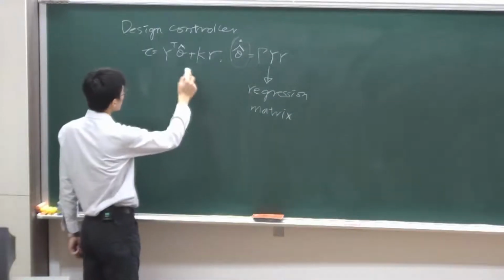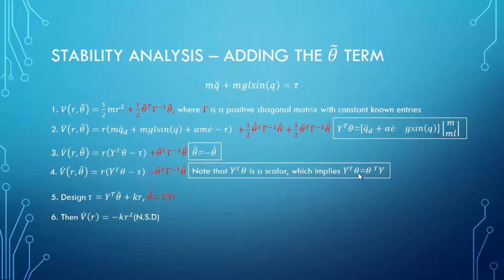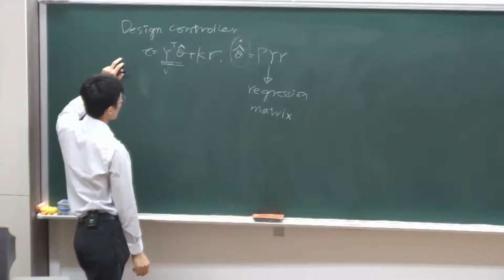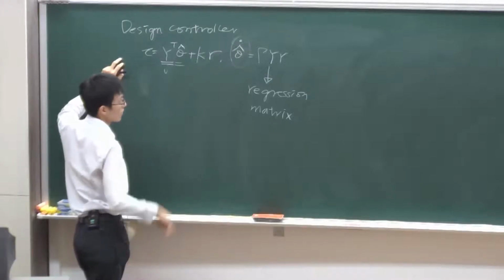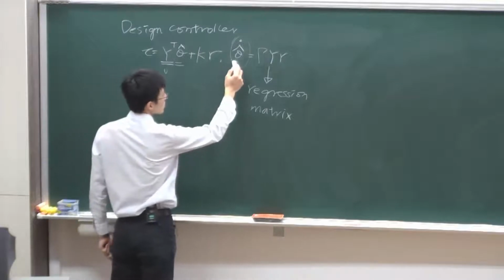So you know the regression matrix, right? Which is this part, which is a function of the desired trajectory and the tracking error E dot and some measurable terms Q. So everything here is known, so you can implement this. Theta hat is a time variant signal. It follows this dynamics.